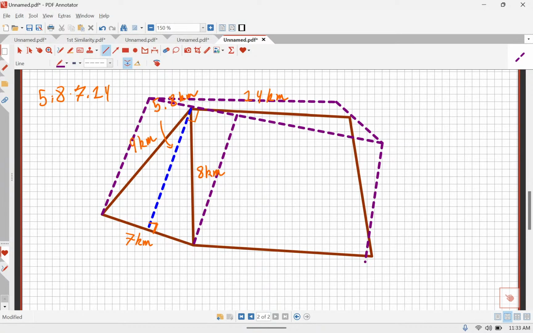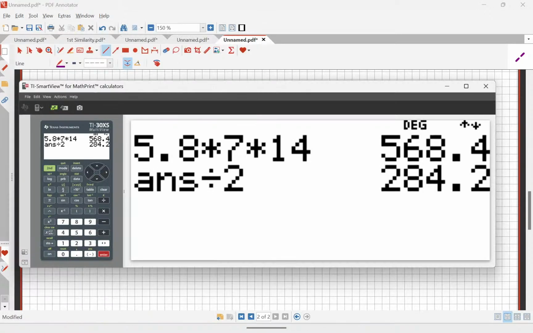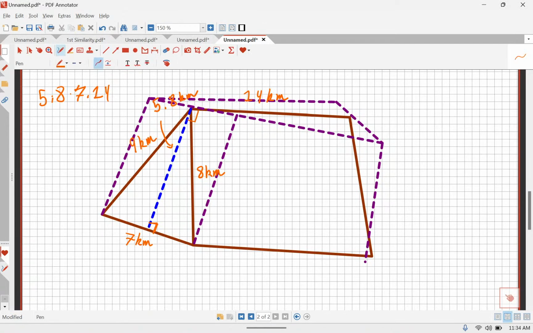And it turns out that since the triangle takes up half of the area of a rectangle, a triangular prism takes up half the volume of the rectangular prism. And so you would get as your final answer 284.2. So divide that by 2, 284.2 kilometers cubed.